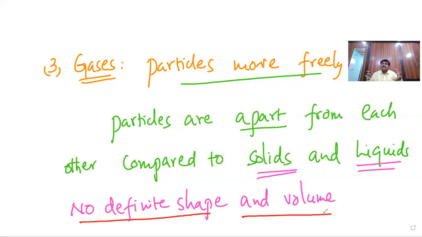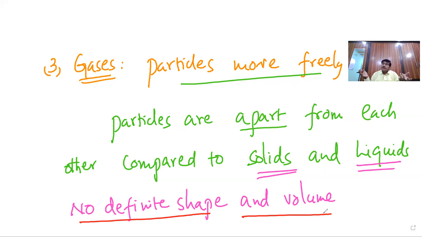Suppose you are placing a gas in a small container. The gas occupies that container, that space only. If the same gas is placed in a big container, the gas occupies the entire space of that big container. That means there is no definite volume. Clear?